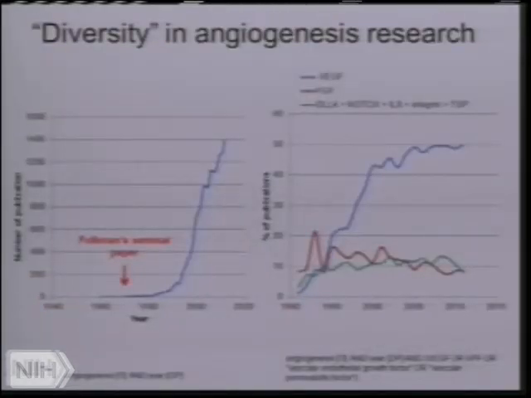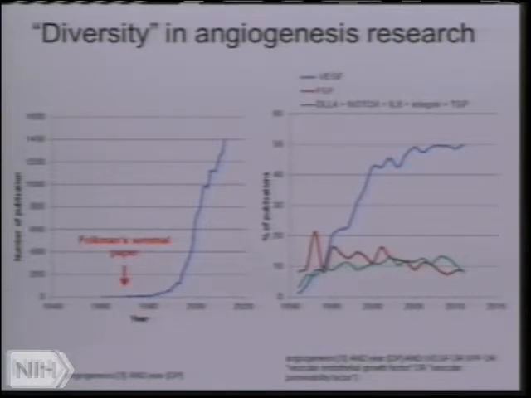I was just curious, and I did a search on PubMed about angiogenesis papers in general, and how many of those papers are focused on VEGF. It turns out that angiogenesis papers keep increasing. This is the last one for last year, 2012, and we're reaching like 1,400 a year. And from all those, about 50% of those papers are dedicated to VEGF, to vascular endothelial growth factor.